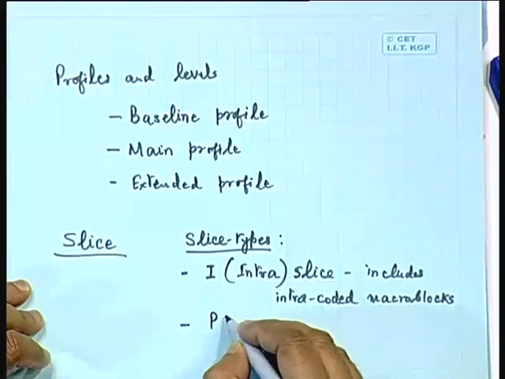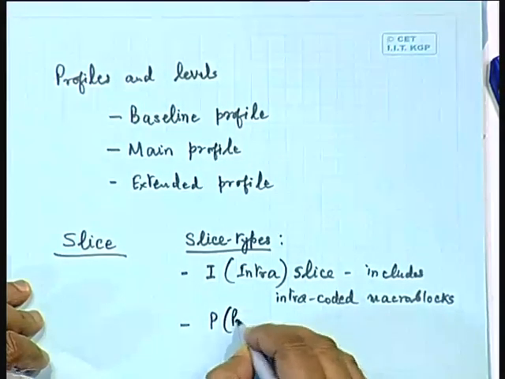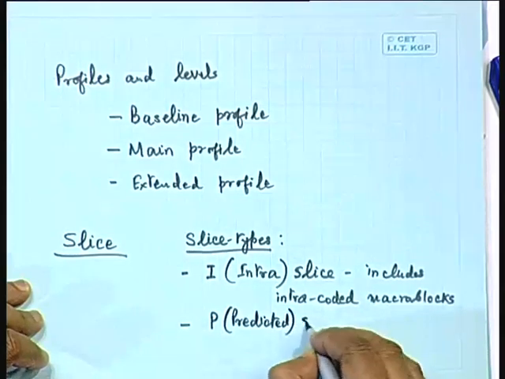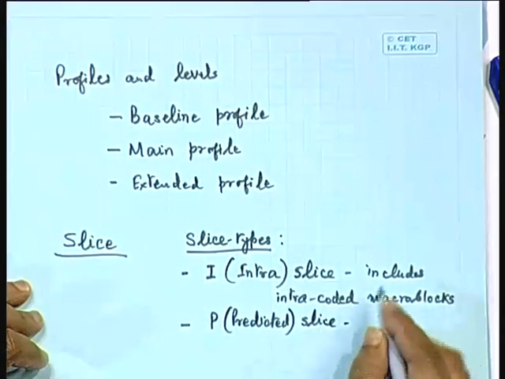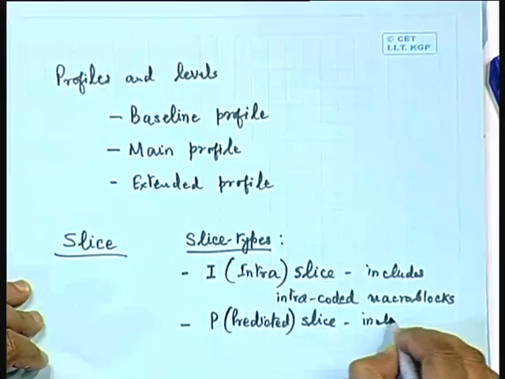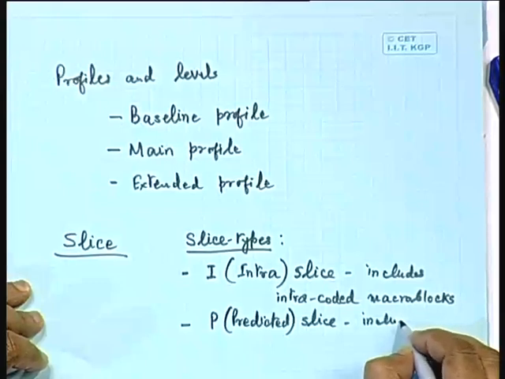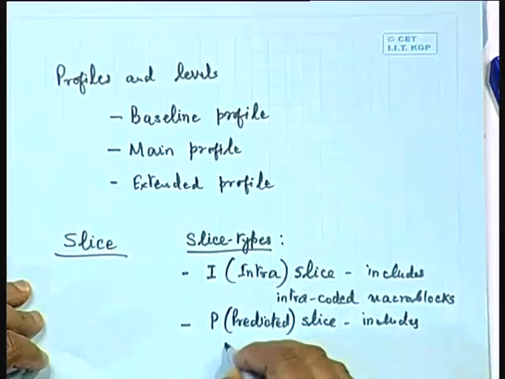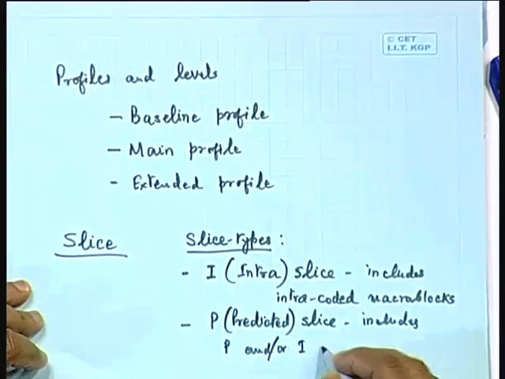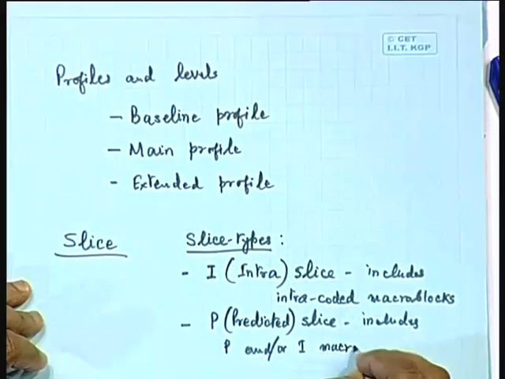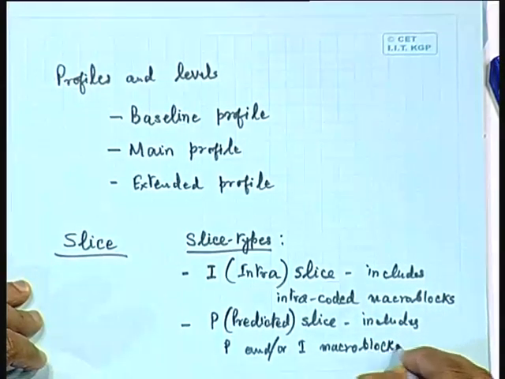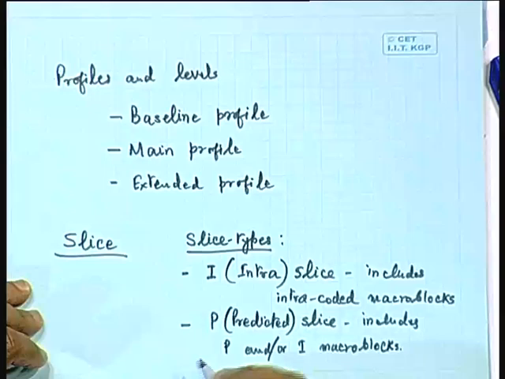slice, as the name implies, it is a predicted slice. Okay. And the P slice not only includes the predicted or the P macro blocks, it includes P and also I macro blocks. So, P slice can include the I macro blocks also in addition to P. Okay.